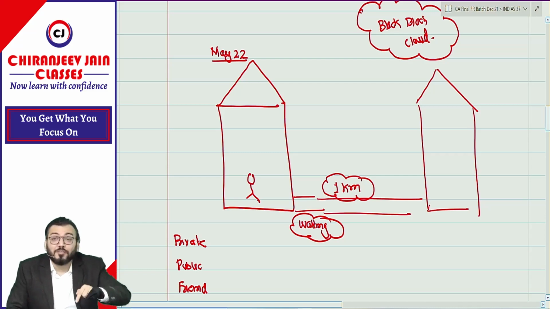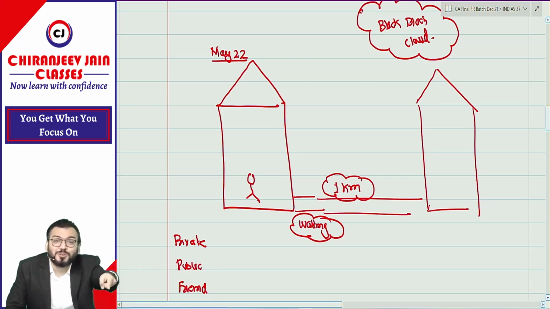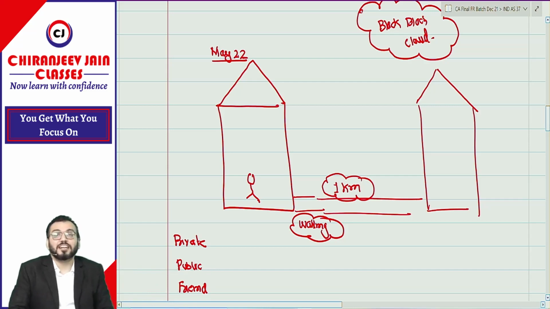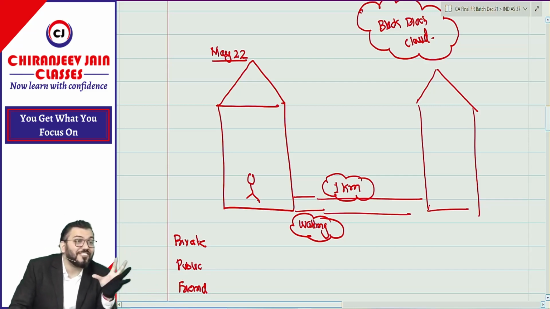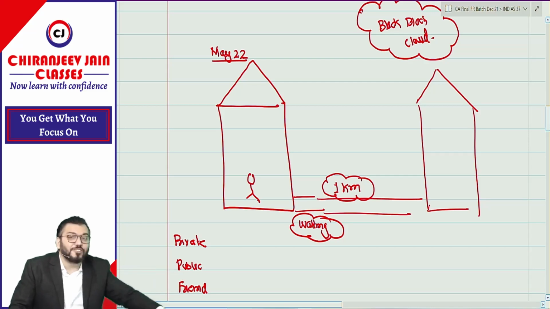Understood? Means when you are not creating provision, then disclose that information to your parent. He may come to save you. That is, disclose the information as contingent liability. So when you are not creating provision, disclose the fact to the user.